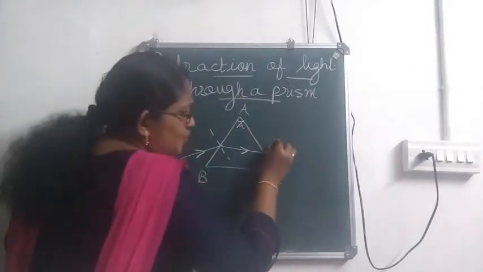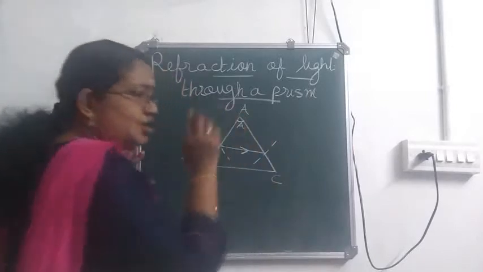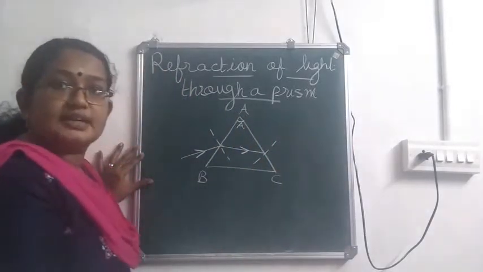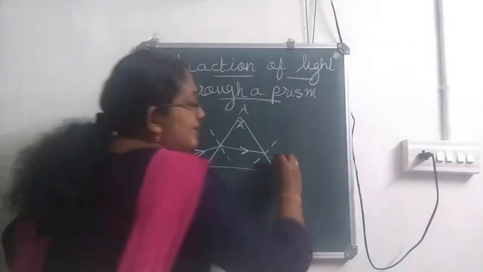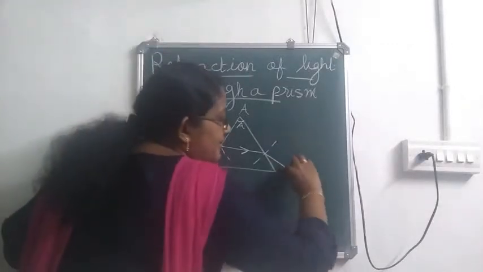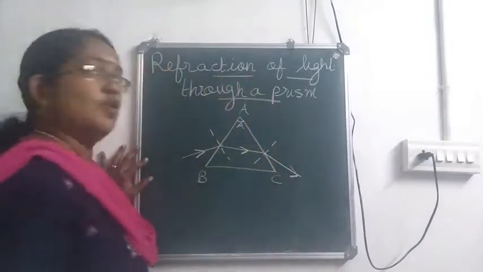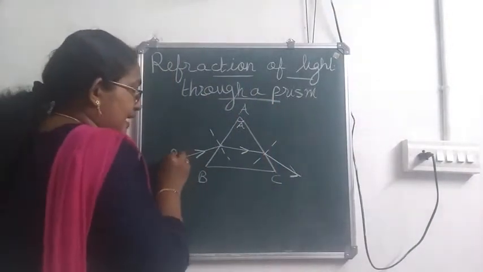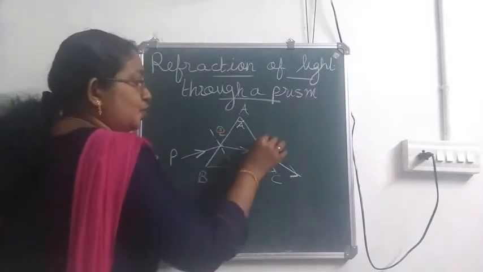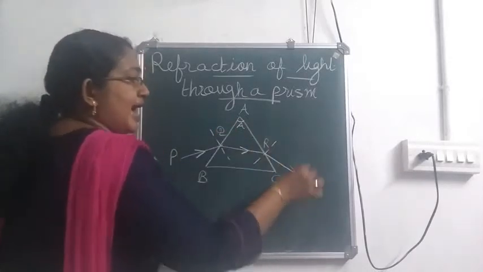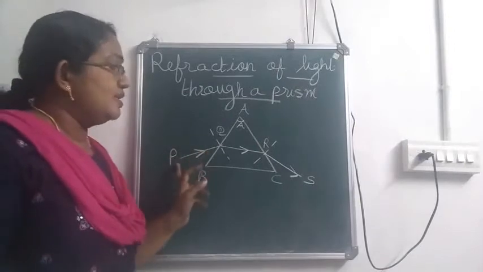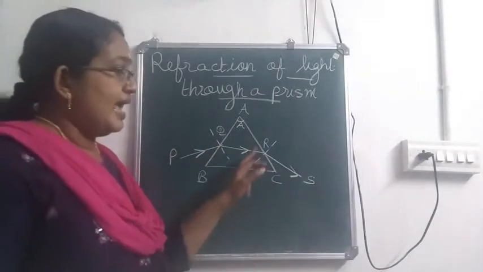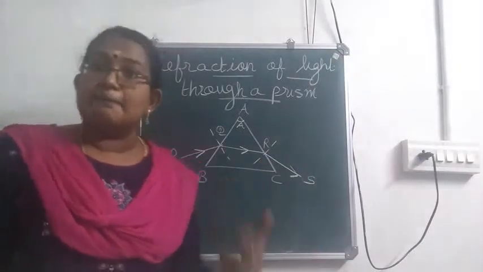Then, here also I am going to draw the normal. Here the ray is moving from denser to rarer. So, what happens? Denser to rarer means it moves away from the normal. So, is it clear? Let me name this as P, Q, R and S. PQ is the incident ray, QR is the refracted ray and RS is the emergent ray.